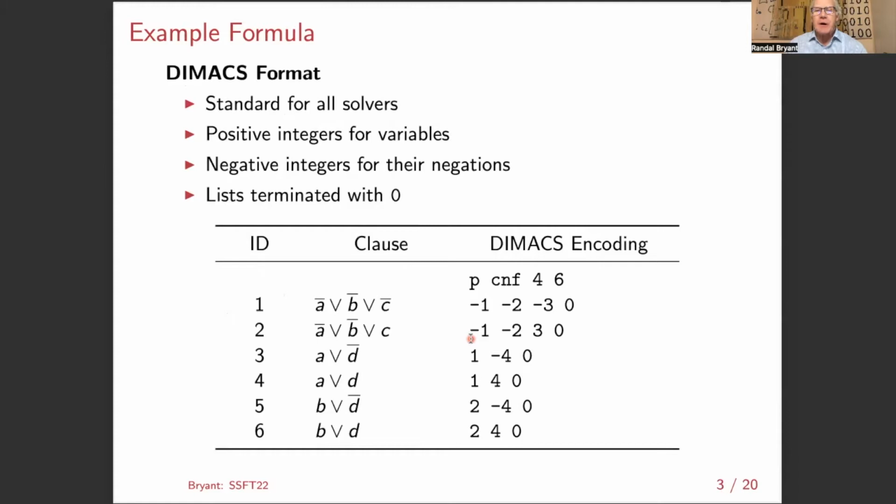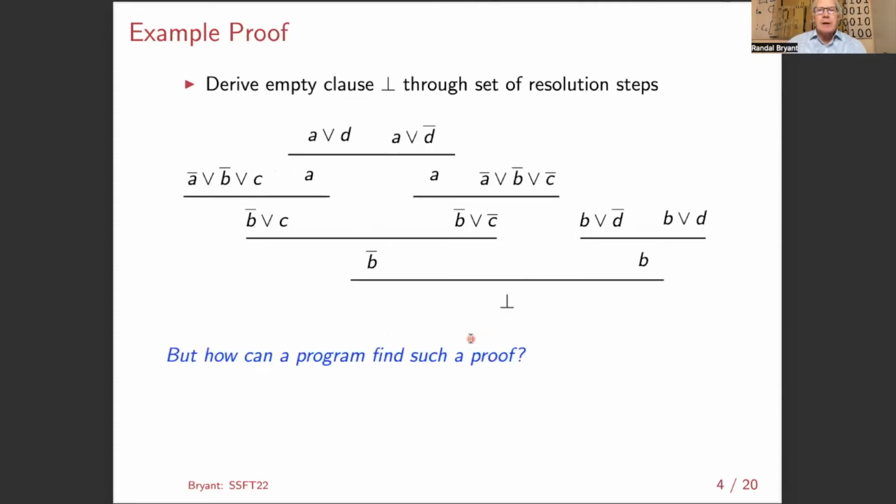And we list a clause as just a series of literals, or positive and negative integers, terminated by 0. And I showed before that we can use resolution to take those clauses and systematically derive the empty clause from it. And since each of those resolution steps is an implication step, it shows that the input formula implies false and therefore is not satisfiable.